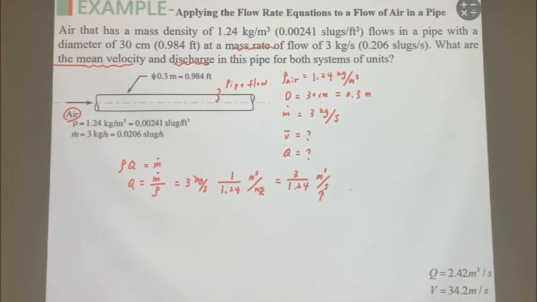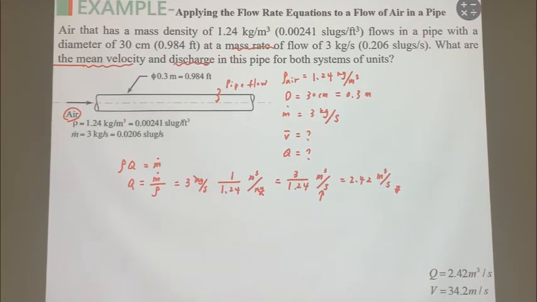This is what we always call discharge. You calculate by your calculator, and the answer is around 2.42 meter cubed per second. So we have the discharge first.